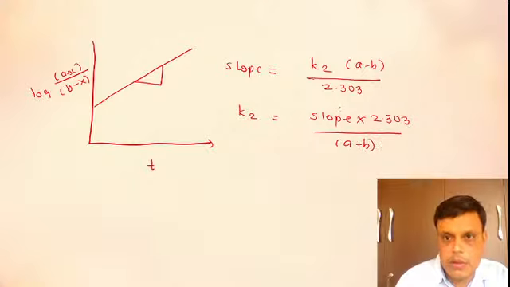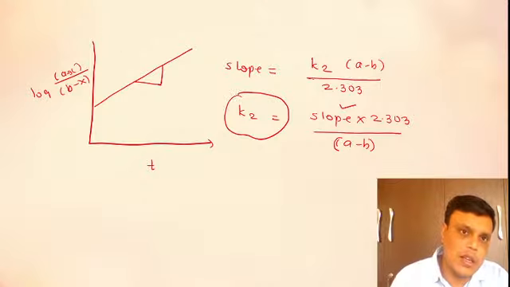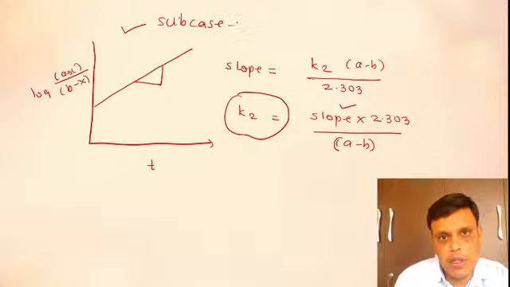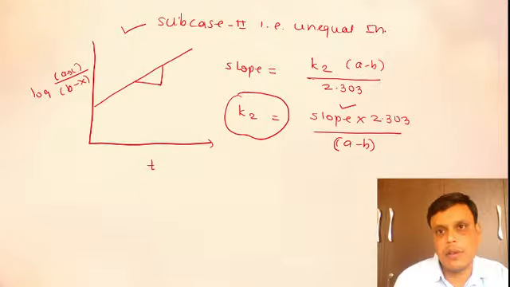So by knowing the slope and the value of a minus b, you can find out the rate constant for a second order reaction. This is the nature of graph for sub case 2, that is, with unequal initial concentration.